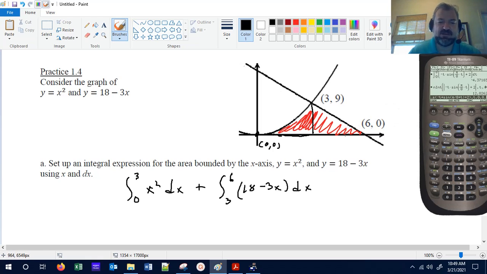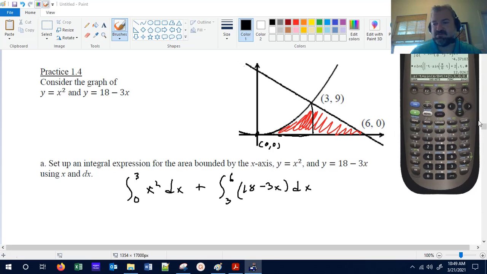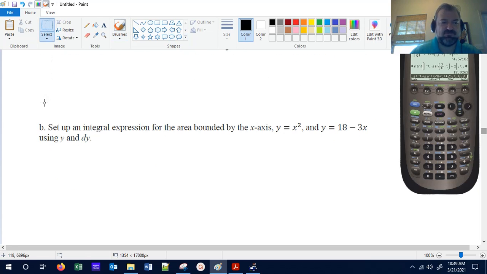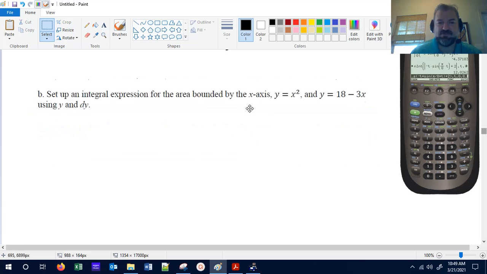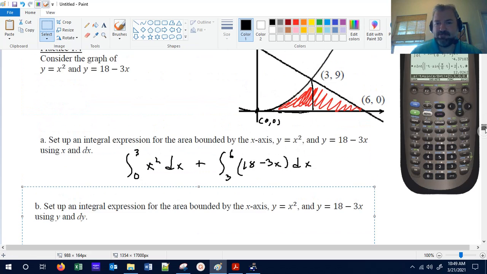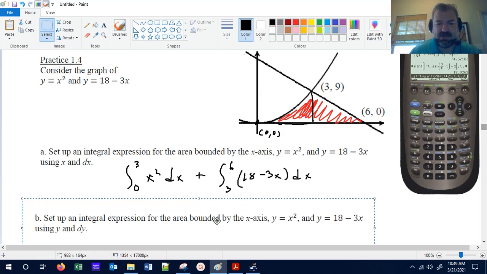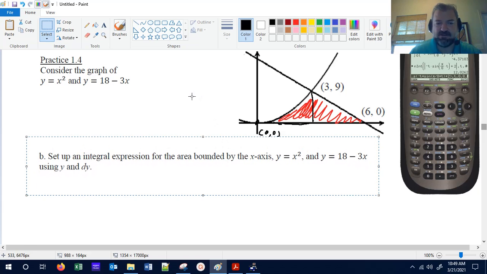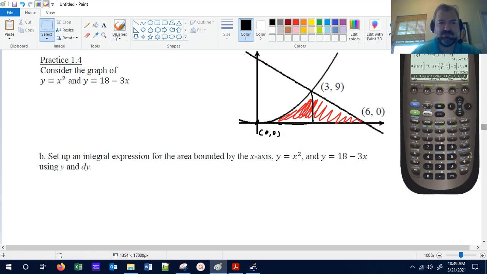But interestingly enough, we could do this in fewer integrals if we work with y's. So I'm going to just grab this and move it up. So hopefully you got that in your mind. I'm going to move that up right there so that I can look at the picture while I do this.